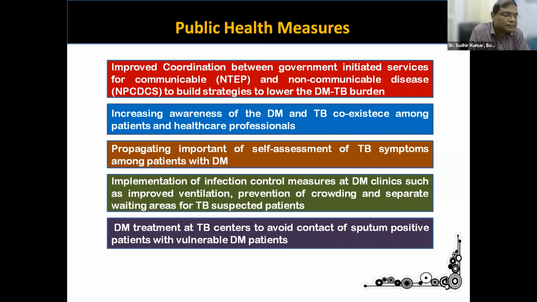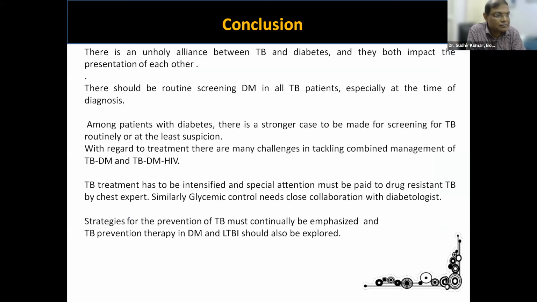My dear friends, in a nutshell, there is an unholy alliance between TB and diabetes. They both impact the presentation of each other. The TB patient should be screened for DM, and the DM patient should also be screened for tuberculosis. The treatment is challenging, but it should be tackled with metformin and insulin.